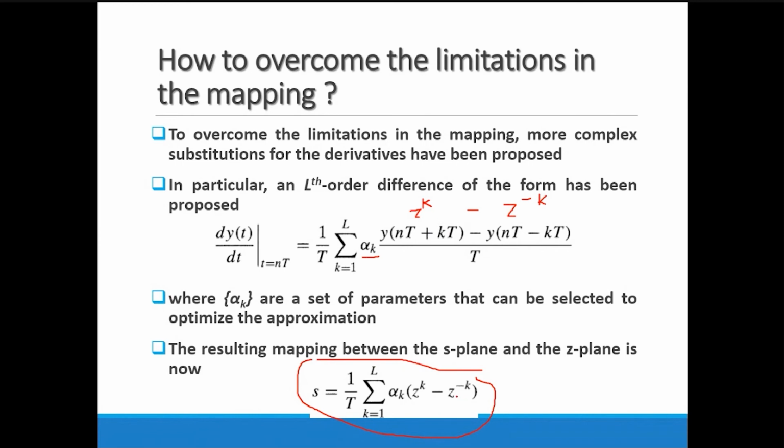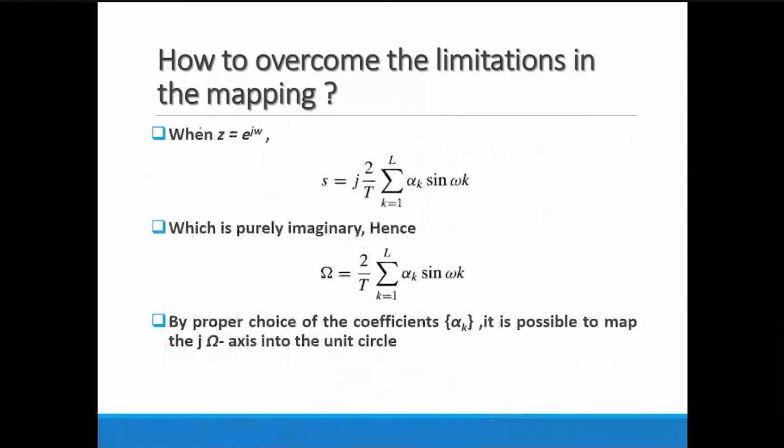By using this mapping, we are able to overcome this limitation. But let us apply some more values to derive the final equation. If we represent z in the form e raised to j omega, you get an equation which is purely imaginary. Hence, the term will be 2 by T summation from k equal to 1 to L alpha k sine omega k.